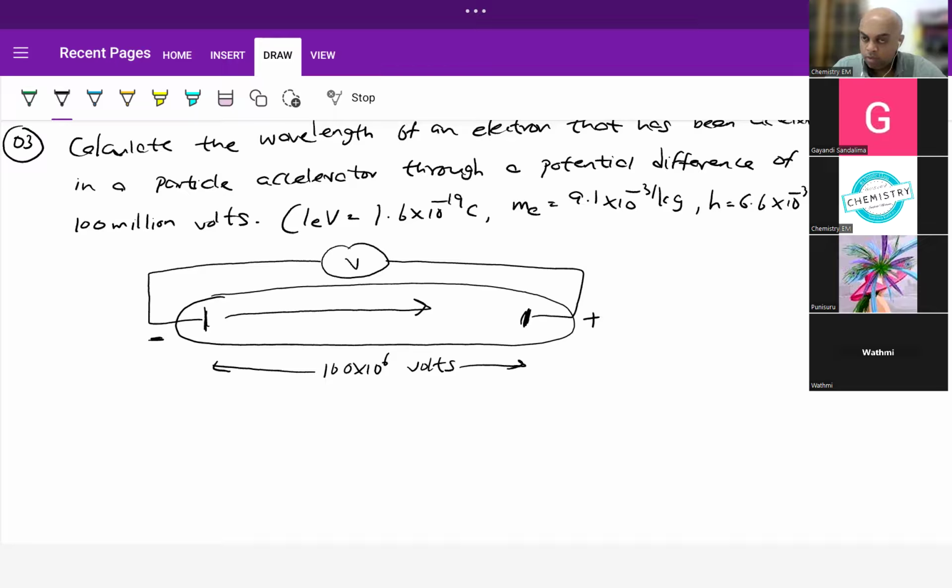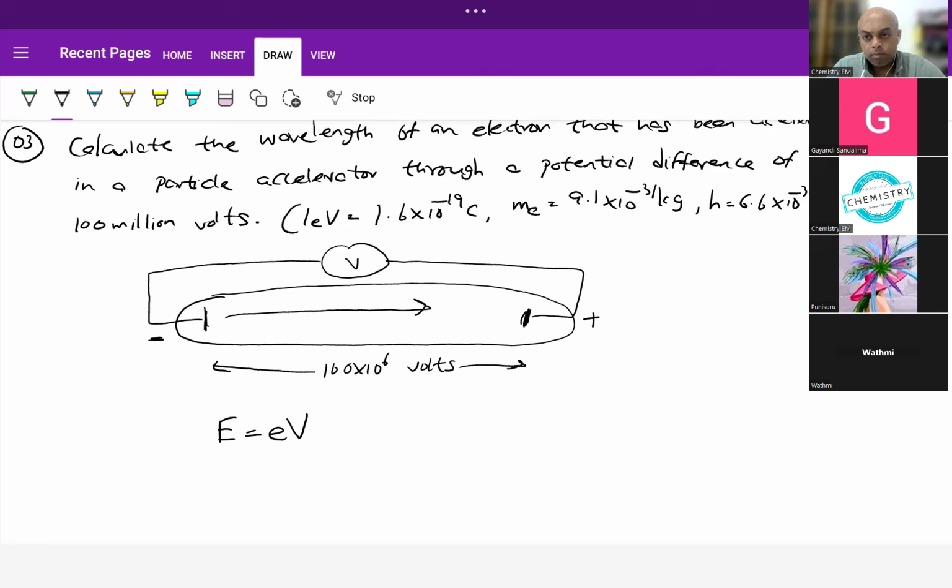If you don't know this equation, learn it, because this is needed. So the energy exerted on an electron through a voltage can be written as eV. V is the voltage, e is the charge of an electron. This is a simple equation.